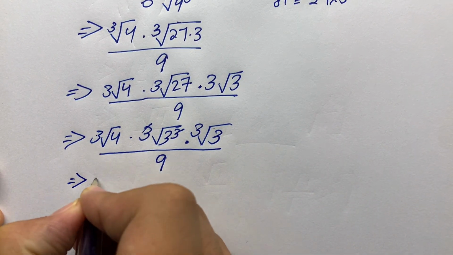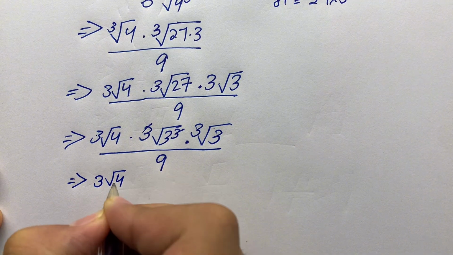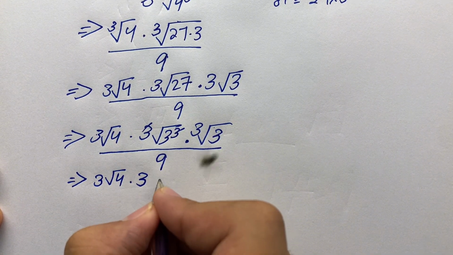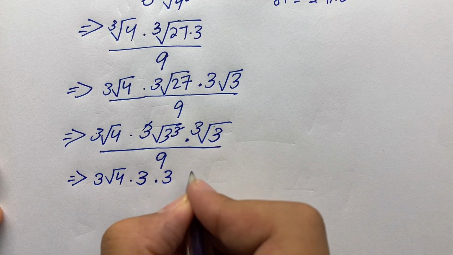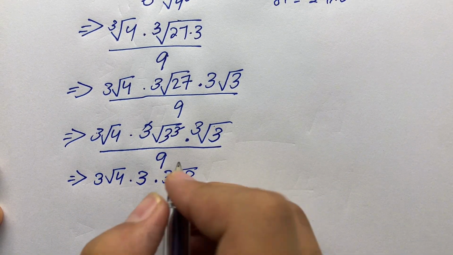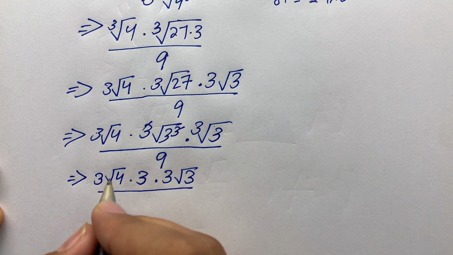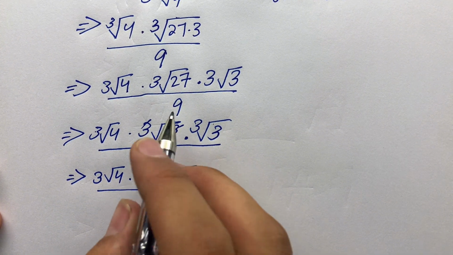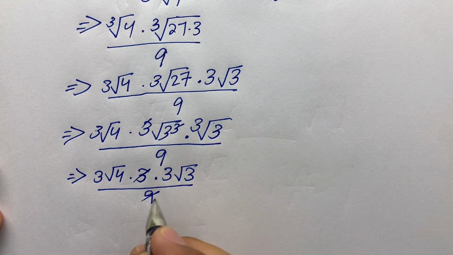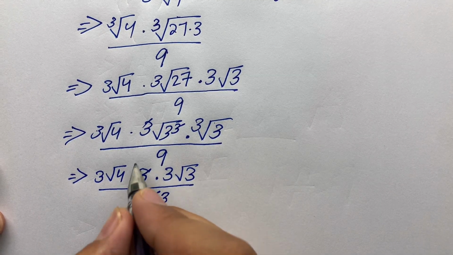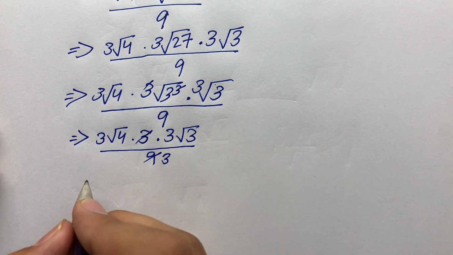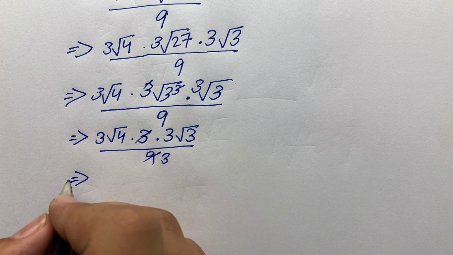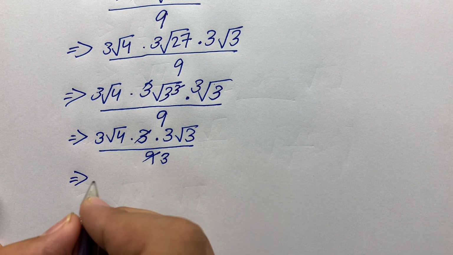This will be 3 into under root of 4 into 3 into 3 into under root of 3 divided by 9. So this 3 cut by this remain 3, remain 0, and this will be 3.